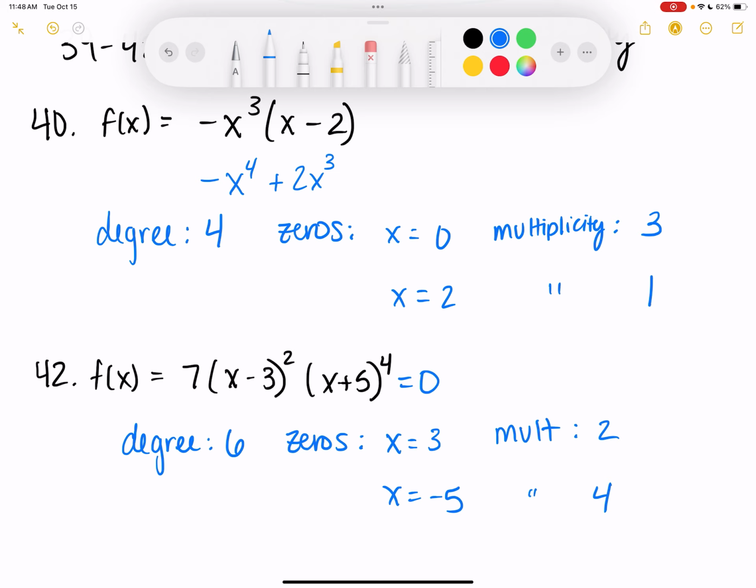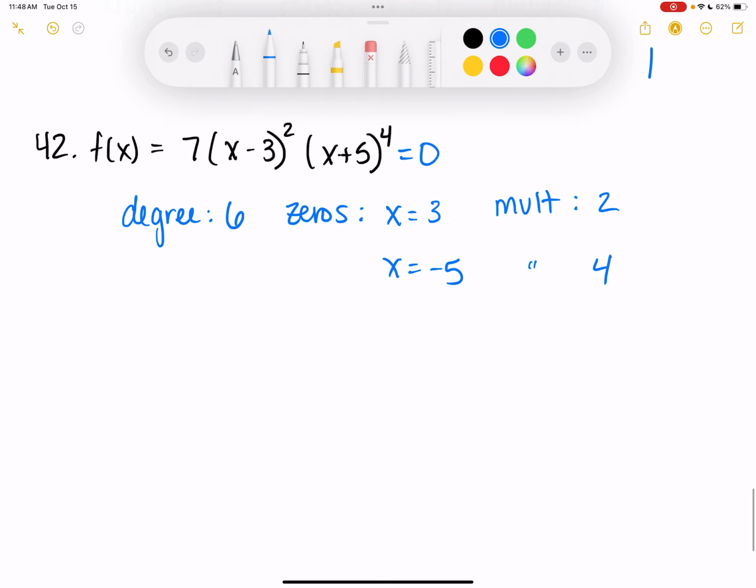The last step in this section says using only algebra, find a cubic function with the given zeros. Support by graphing. You're not doing that part. So, this will kind of lead us into the remainder of this chapter. But 54, they tell us that the zeros are negative 2, 3, and negative 5.